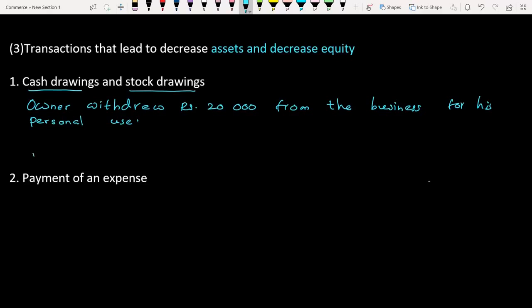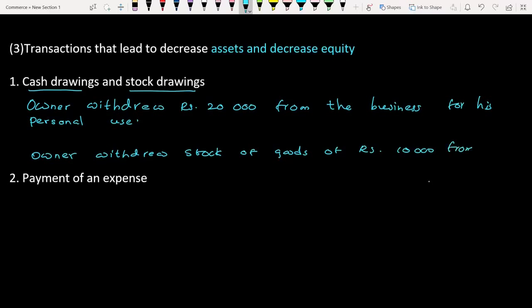Same way, owner withdrew, let's say rupees 10,000 worth of stock. Stock of goods of rupees 10,000. We need to always put a value to our transaction.